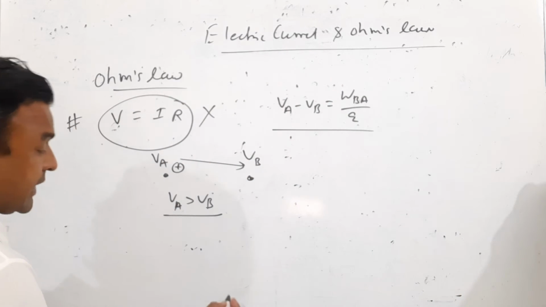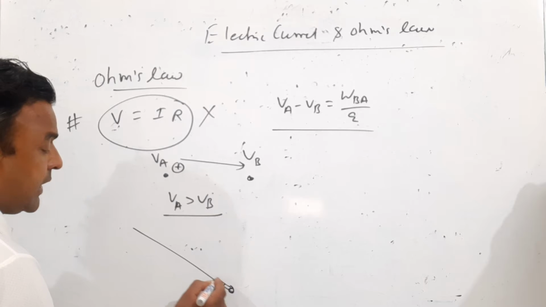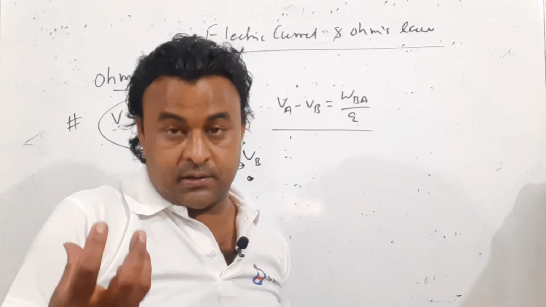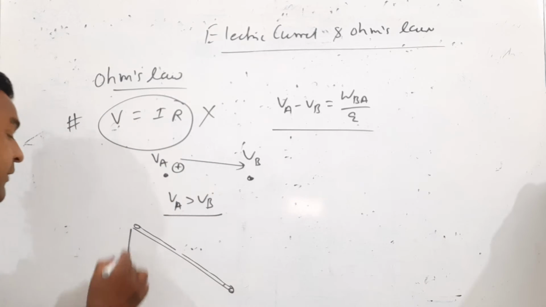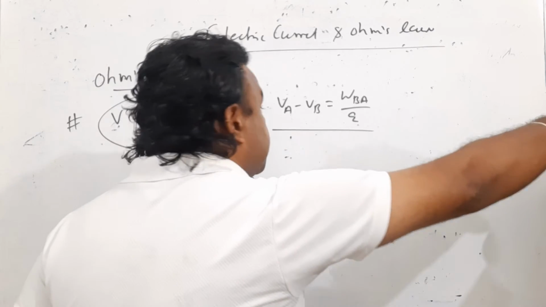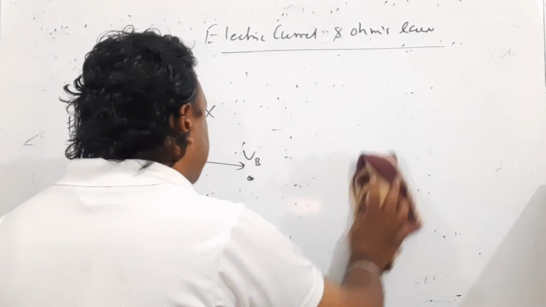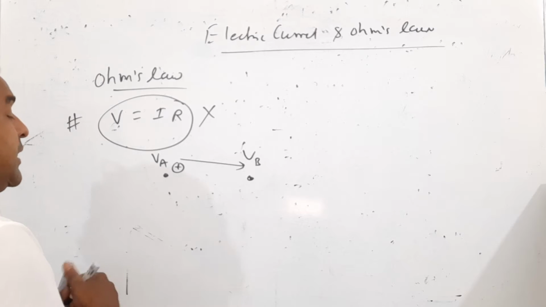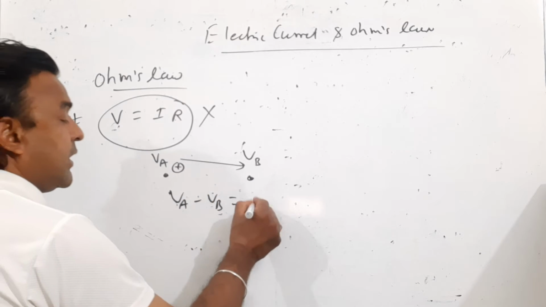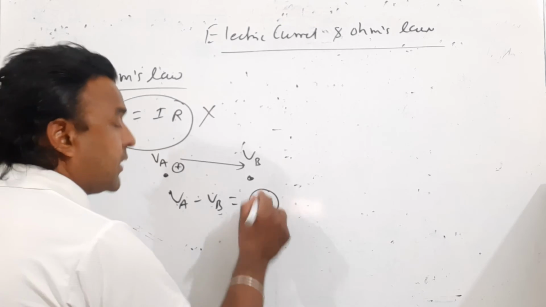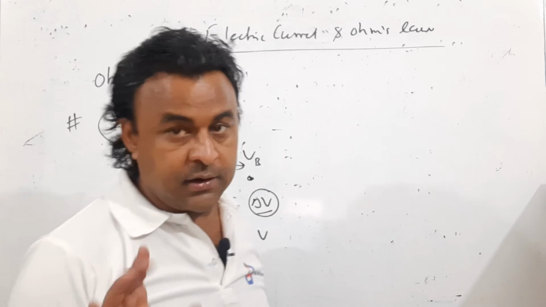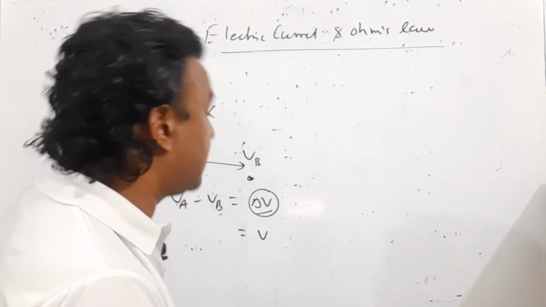It is something like taking something upward on a hill. Then I will have to work. If I leave it, it will come down by itself. So from here, this potential difference VA minus VB is, in current electricity, not written as delta V; it is simply written as V. V always means potential difference.